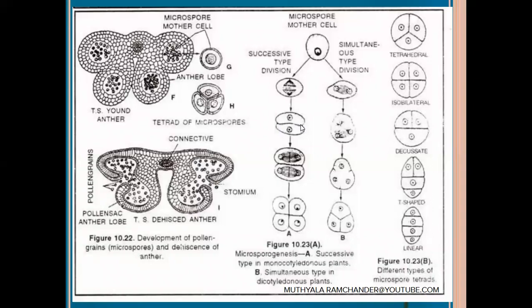By cytokinesis, the cytoplasm is divided into 2 half parts. Finally, between these 2 nuclei, a new cell wall is formed to form 2 diad cells. Means 2 clear structures of diad cells are formed in the successive type of meiotic division.